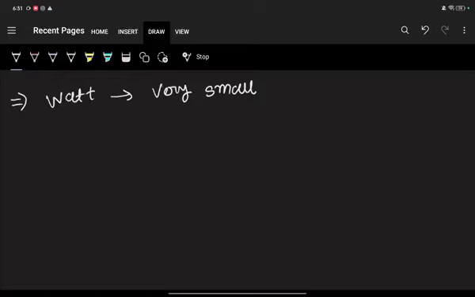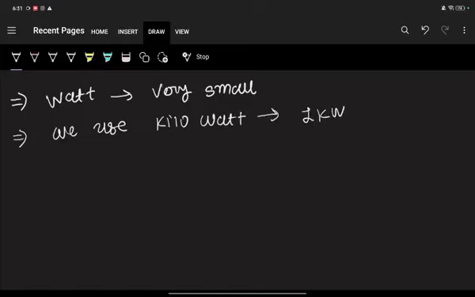Okay. So watt is a very small unit. Instead of watt, we use kilowatt. So what is 1 kilowatt? 1 kilowatt is nothing but 1000 watts.